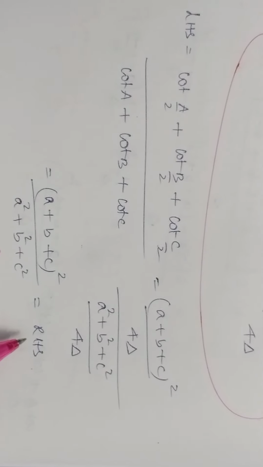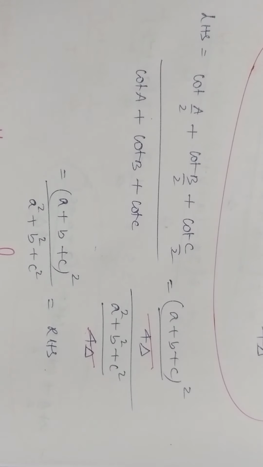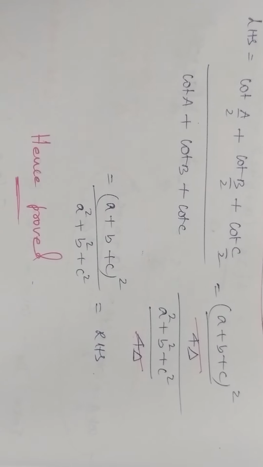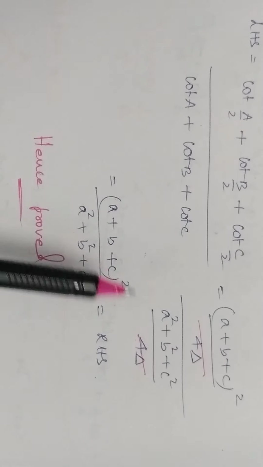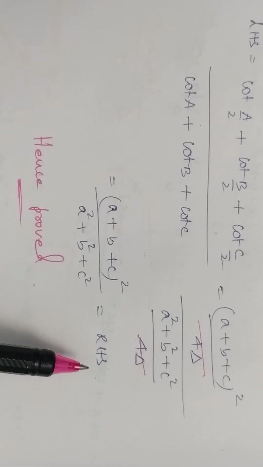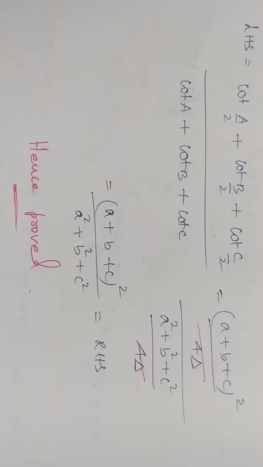Just cancel both the denominators, 4 delta, 4 delta. What remains is (A plus B plus C) whole square by A square plus B square plus C square. That is our required RHS. Hence the problem is over.